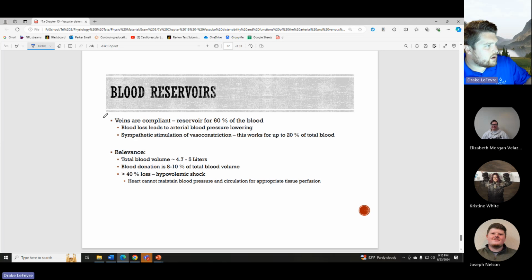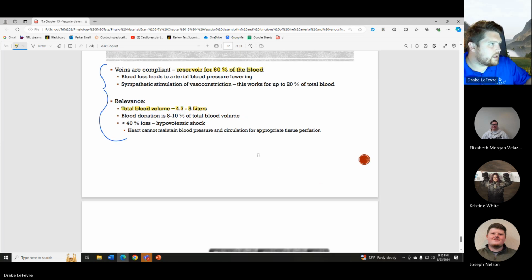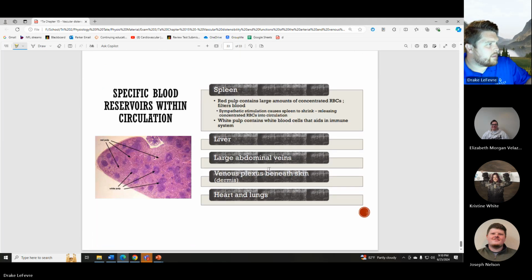Blood reservoirs, already talked about all of this. Things we want to remember: total blood volume, 4.7 to 5 liters. That'll come back a ton of times. The veins are the reservoir for 60% of the blood. That's about the main important stuff.